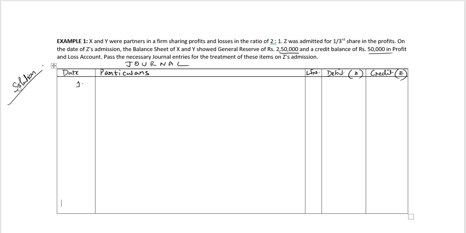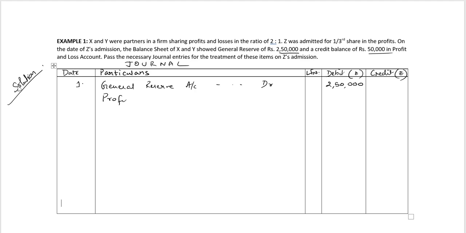Journal entry. General reserve account debit 2,50,000 rupees.